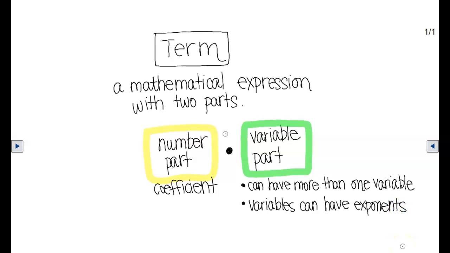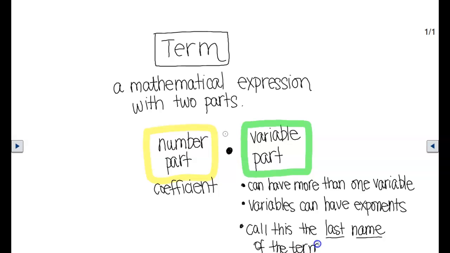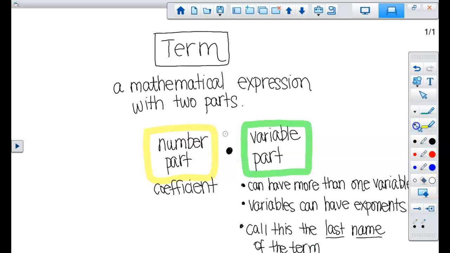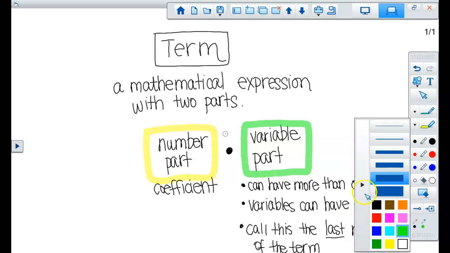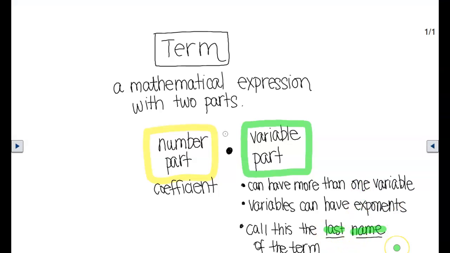So that variable part may be made up of more than one variable, and those variables can have exponents on them. And we are going to call this the last name of the term. So the variable part we're going to refer to as being the last name of that term.